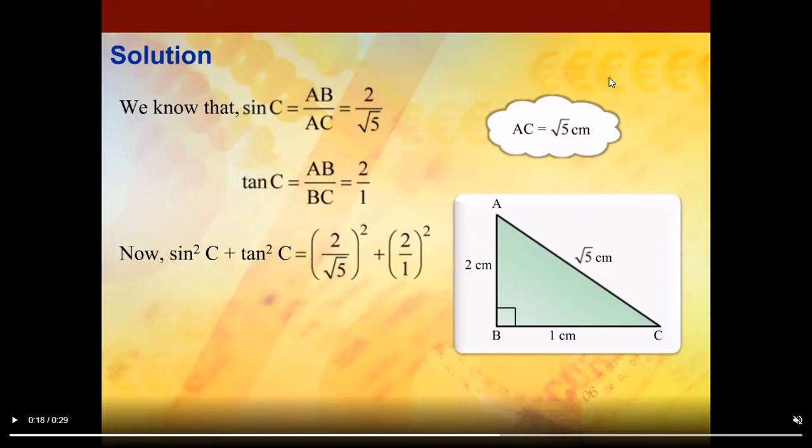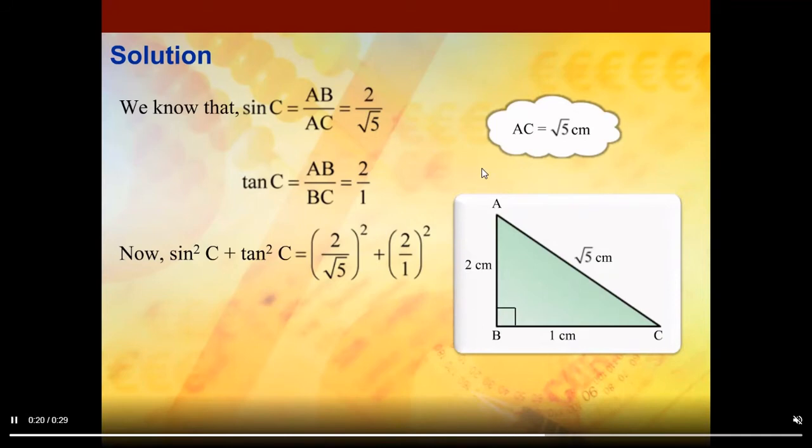Now, according to the problem, it is given sine square C plus tan square C. So add both of them. You already got sine C and tan C. But in the problem, it is given sine square C plus tan square C. When you substitute the value of sine C, 2 upon root 5, you have to take care that in the problem it is given sine square C. So you have to write whole square, plus 2 by 1 whole square.